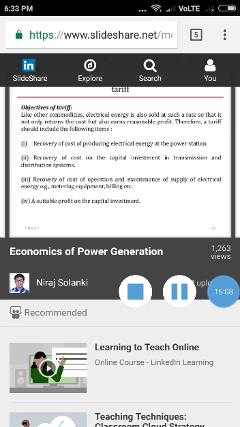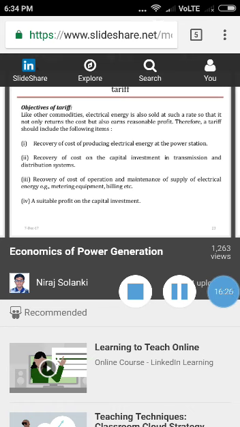Objectives of tariff. Like other commodities, electrical energy is also sold at such a rate so that it not only returns the cost but also earns reasonable profit.